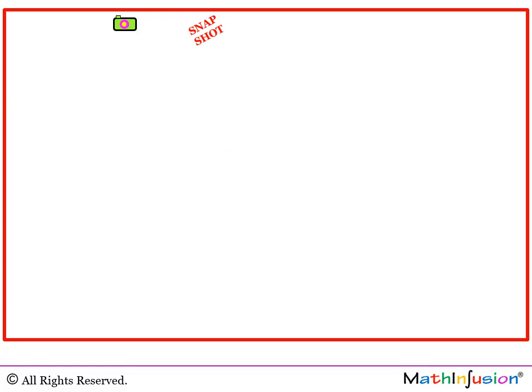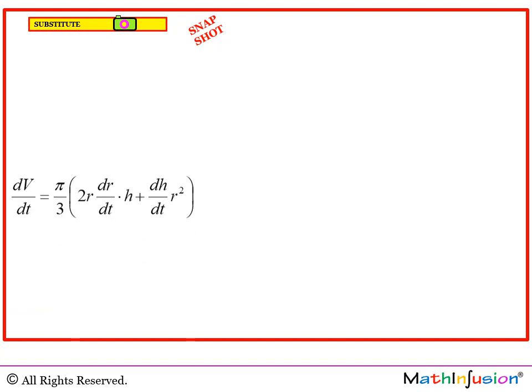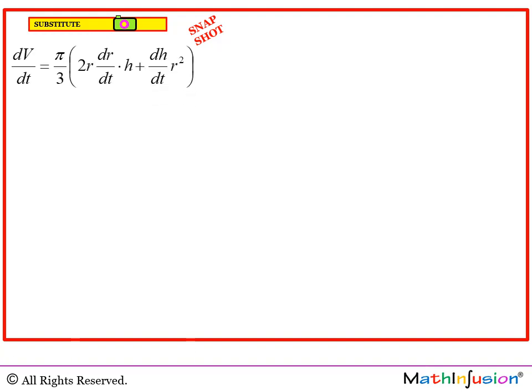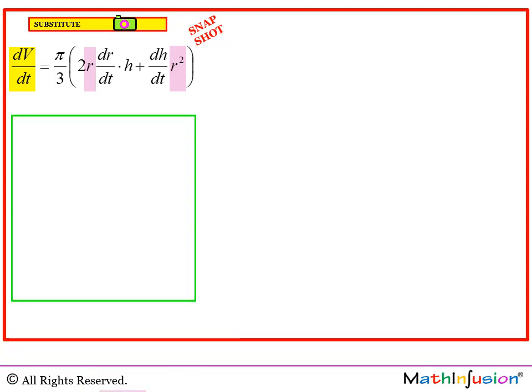We are now going to focus our attention only on the snapshot. So let's see. We know that dV/dt equals 2 cubic feet per hour. We know also that r is 3 feet, and the reason is because they asked me to find dh/dt when r equals 3 feet. But I still don't have h, but I can find h.